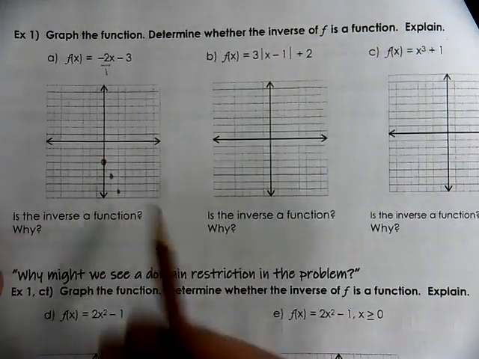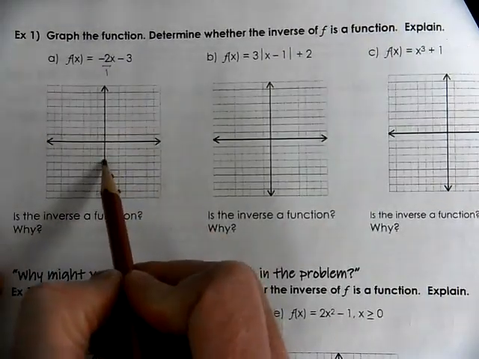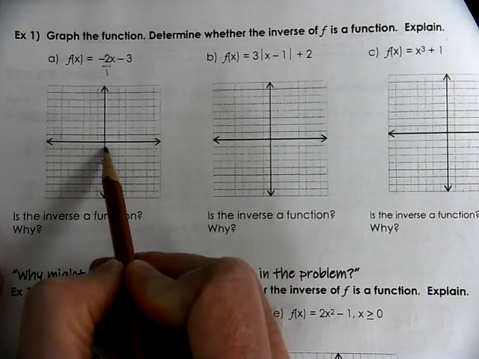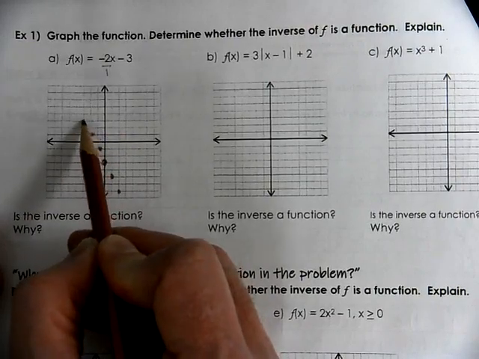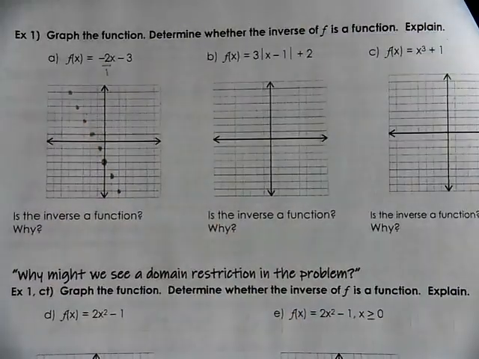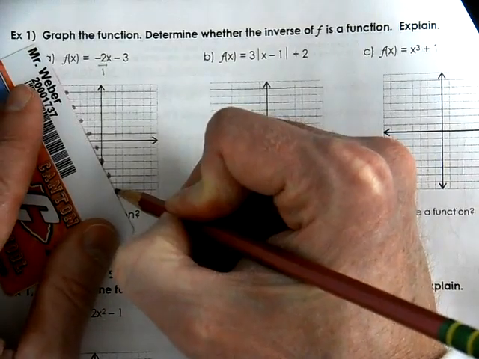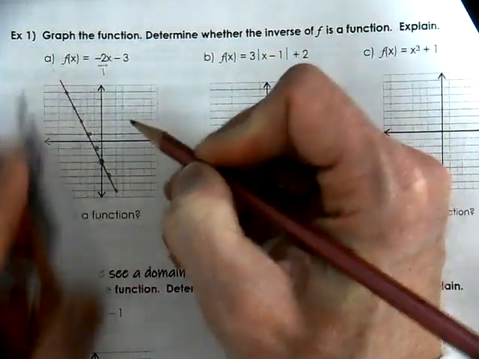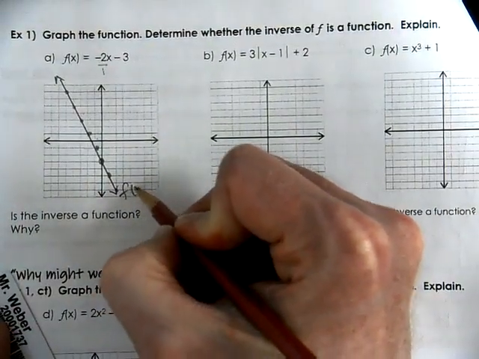It's falling to the right. Or you could look at it the other direction: +2, -1, +2, -1. Continue that pattern all the way to the top of the grid, and we can use our straightedge to draw in our line, and that is our f of x.